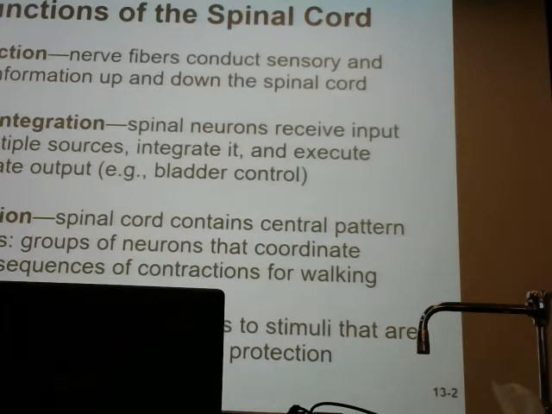What does that mean, when I say it's got to go up and down? The brain processes input and output. The brain's got to process it. We have to have a way for it to go. We need to have transmission.